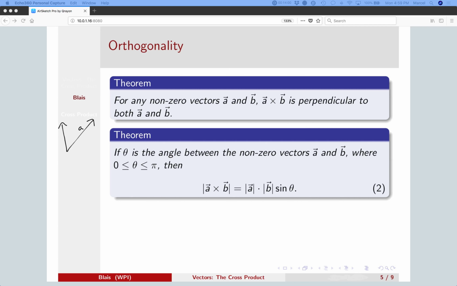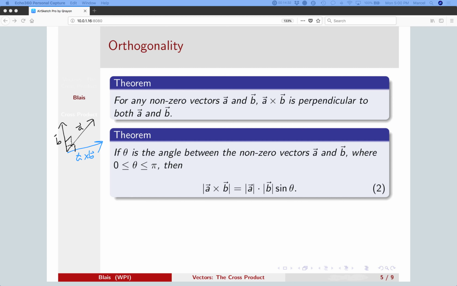So if this is A and this is B, A cross B is, again, perpendicular to both A and B. And this is a good time to mention it, but this is actually also an operation that is not commutative.